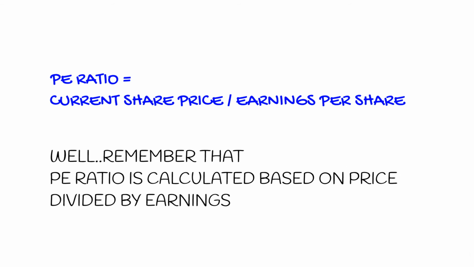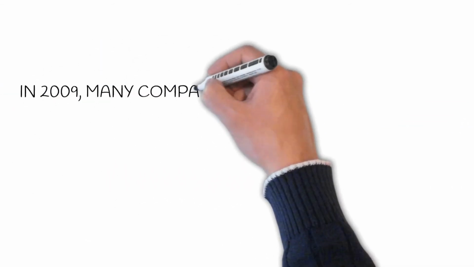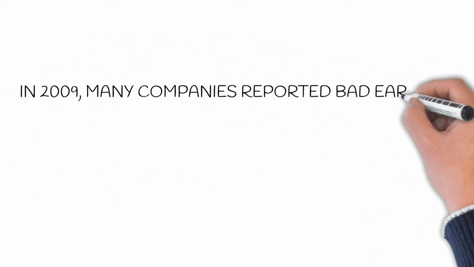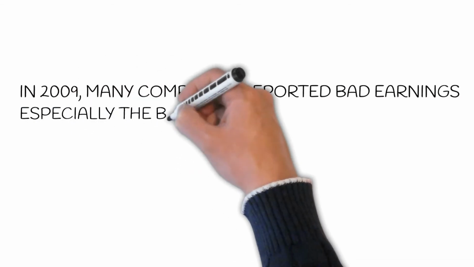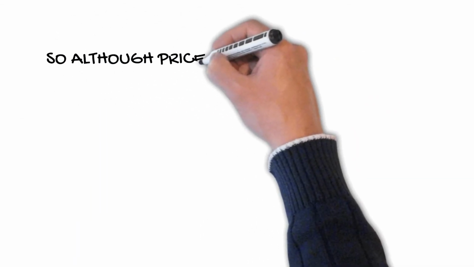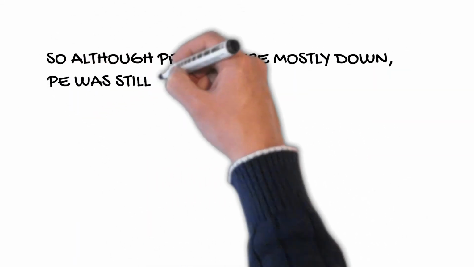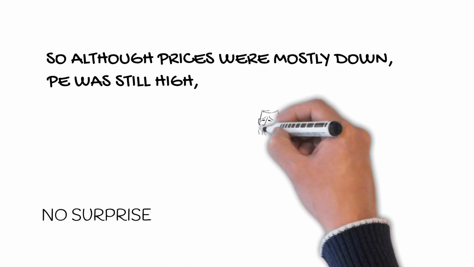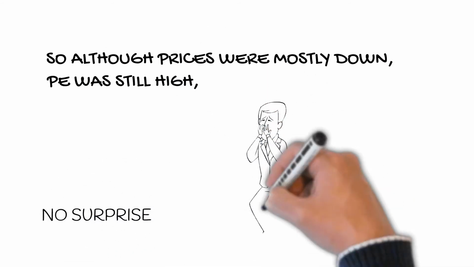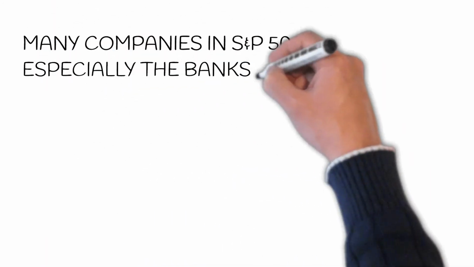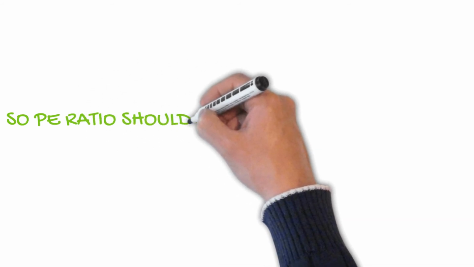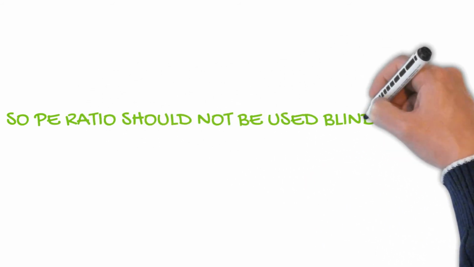In 2009, a lot of companies, especially the banks, reported bad earnings due to the financial crisis. So although prices were mostly down, the PE was very high because many companies in the S&P 500 had lower earnings. So a PE ratio should never be used blindly or in isolation.